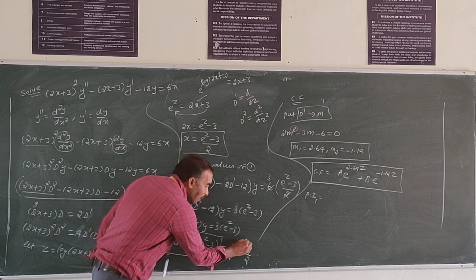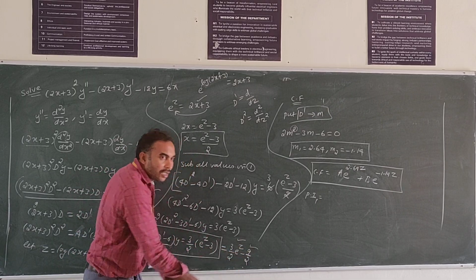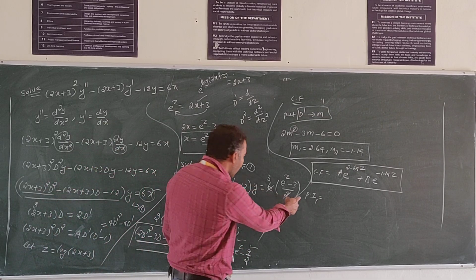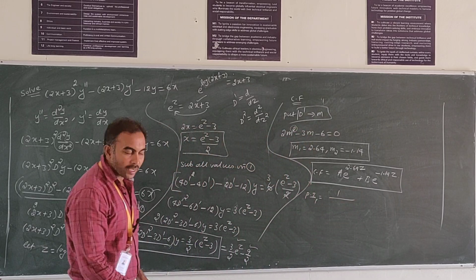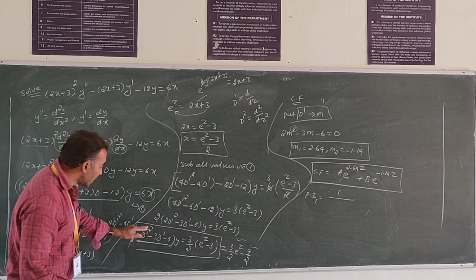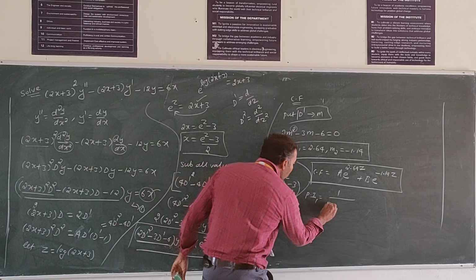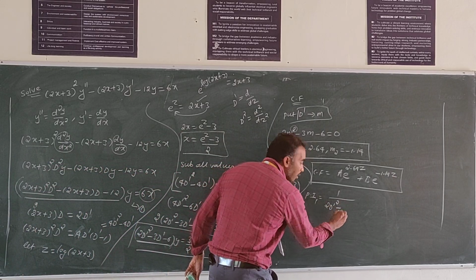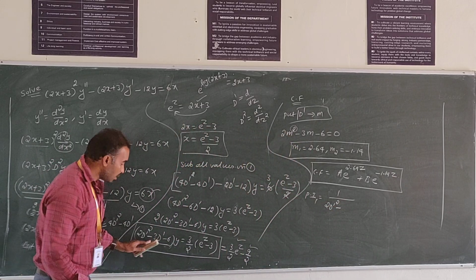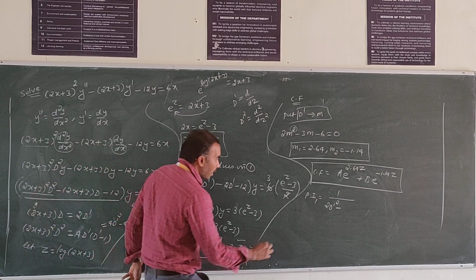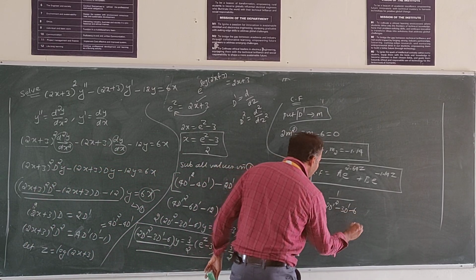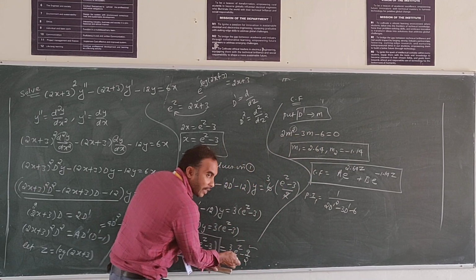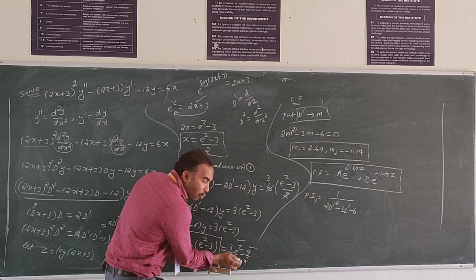So first we calculate particular integral 1: 1 divided by 2 d dash square minus 3 d dash minus 6, into 3 by 2 e power z.